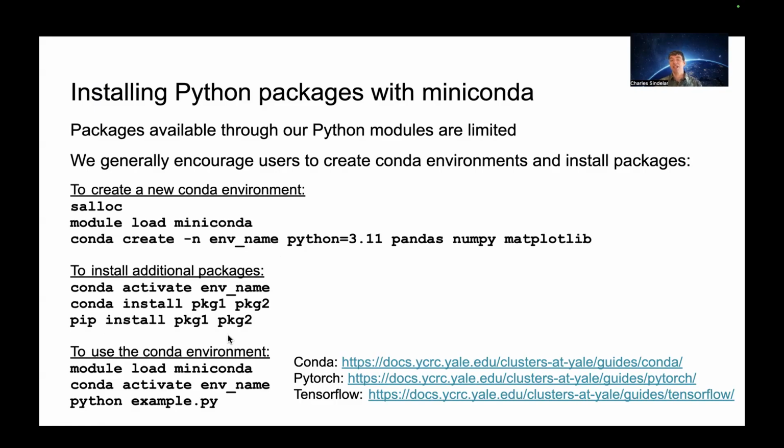That can be handy when Conda doesn't give you exactly what you need. And then in subsequent sessions, once you have set up your Conda environment, you simply need to repeat the following commands. Module load miniconda gives you the module, and then you can activate your environment, and then you can start using it to run Python code, for example.